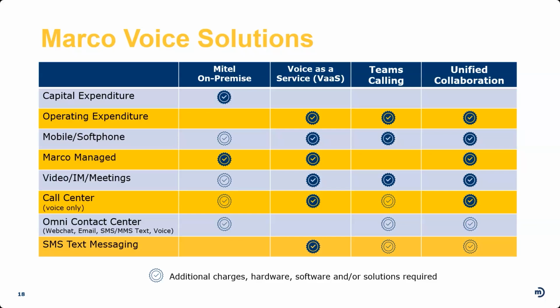We do also have these other solutions at our fingertips to make sure that what we're saying and what we're going to sell you is the right solution to meet your needs for now and in the future, right? So we're not just thinking about today or tomorrow, we're thinking about a year, 2 years from now. Where could your business go that we need to make sure the system meets those needs? So just know that we do have other voice solutions at our fingertips to assist you on that road.